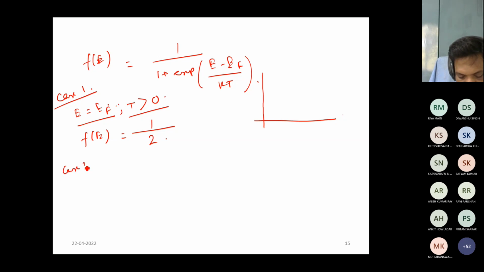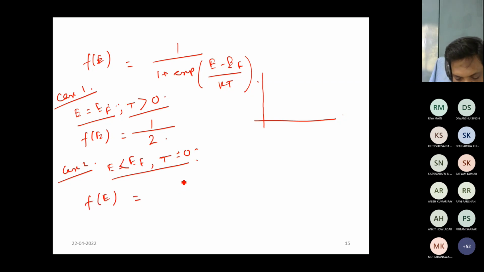Now the next case is 2. If E is equal to EF, or for any energy E less than EF, and T equal to 0, what would happen? You tell me.